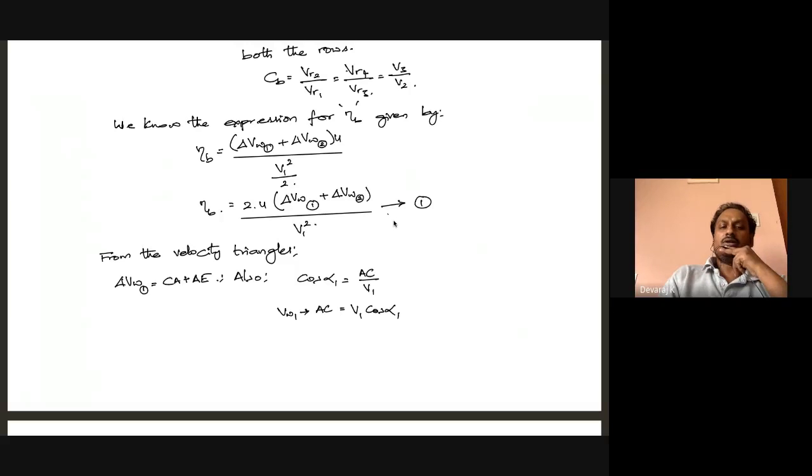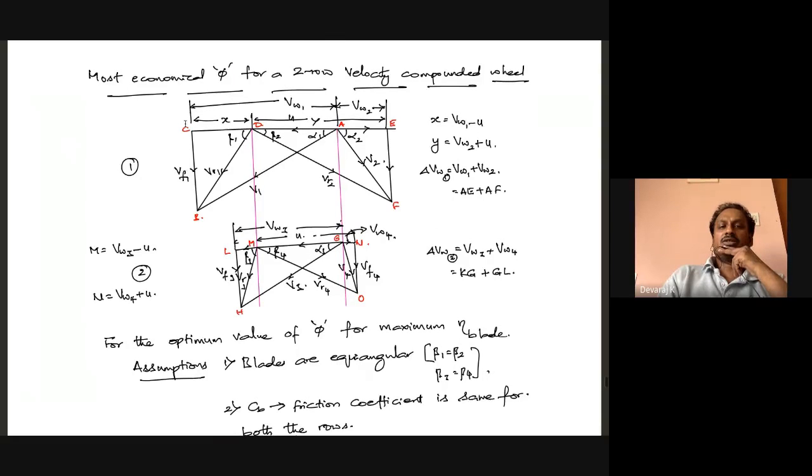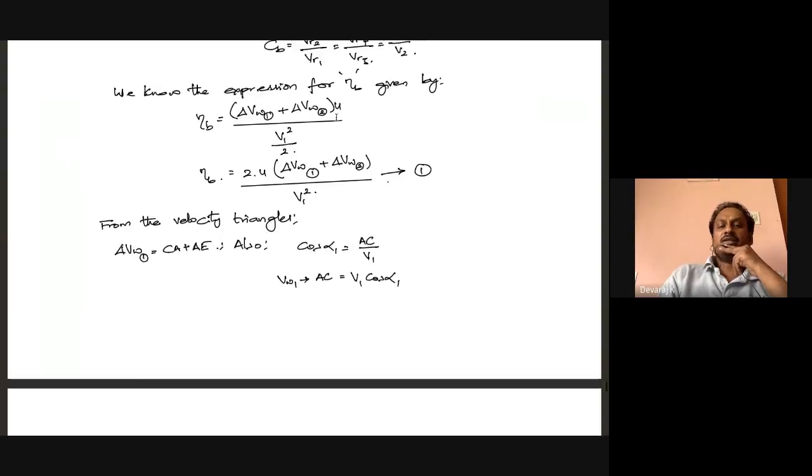Let us go to the velocity triangles. In the first row velocity triangle, delta VW1 is equal to CA plus AE. Let's use the trigonometric principles.